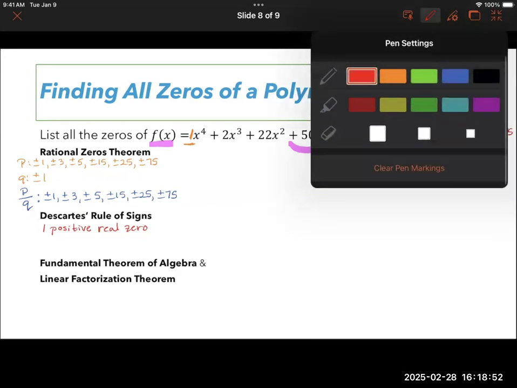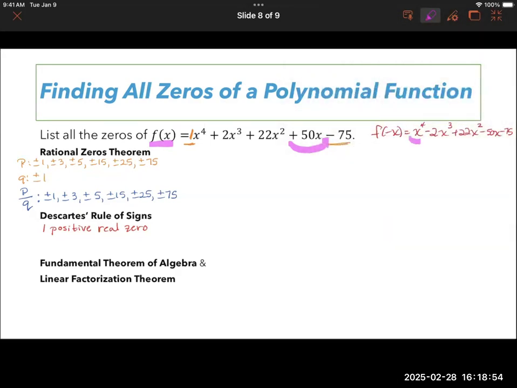And so now, if I look, I have a positive to negative right there, negative to positive there, positive to negative there, and then negative to negative, which wouldn't count. So for the negatives, I have 3 sign changes, or less by an even integer, I might only have 1 negative real zero. So it could be 3, or it could be 1.